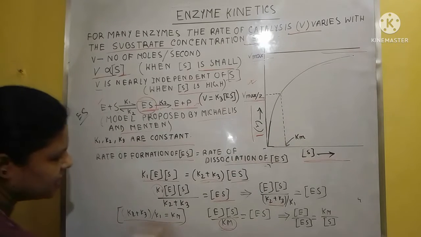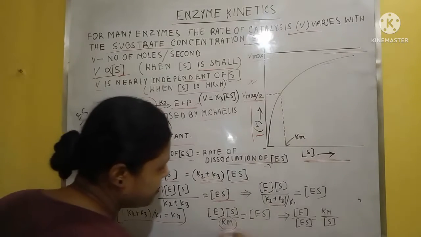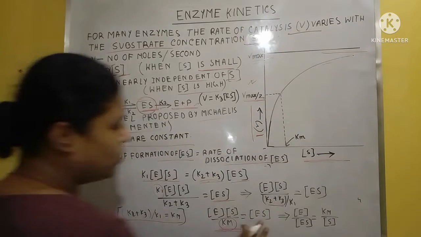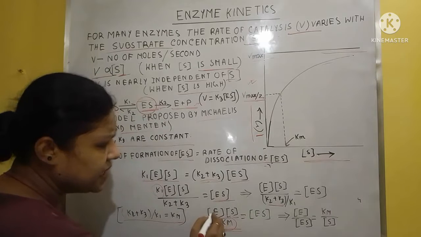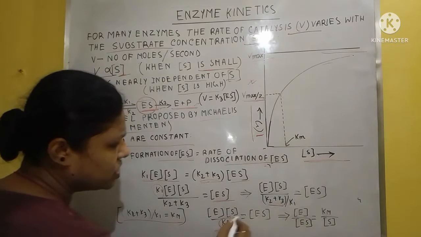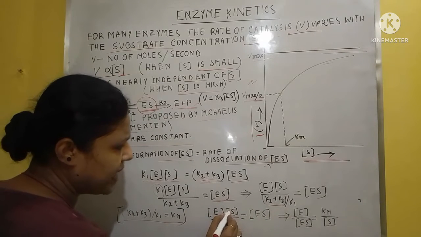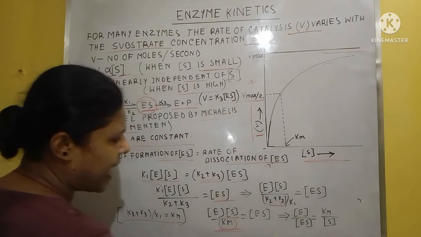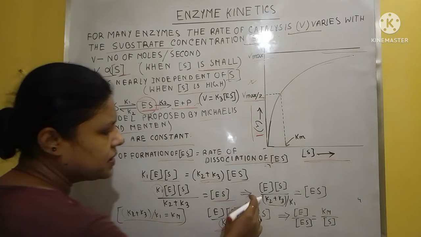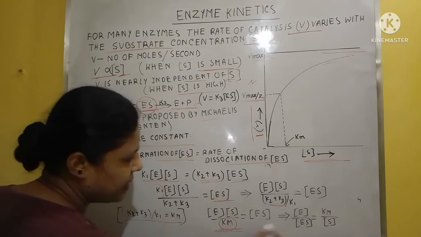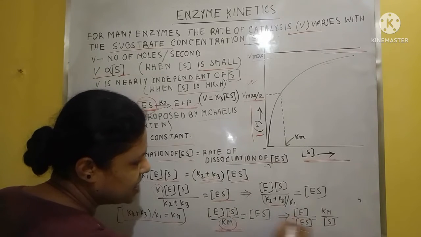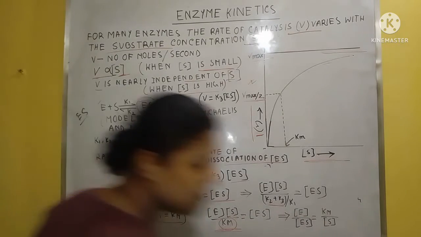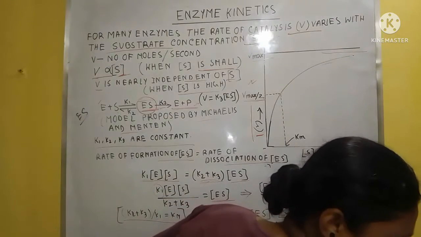This Km is the Michaelis Menten constant. Clear? Now you can see E and S. You transform the S to the denominator of this side and Km to this side.